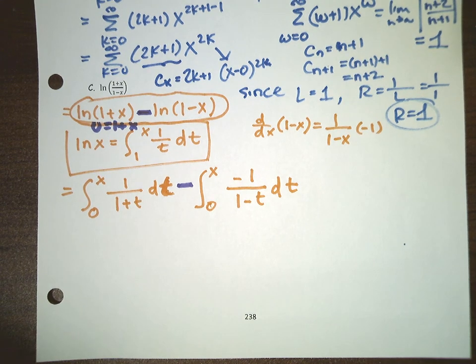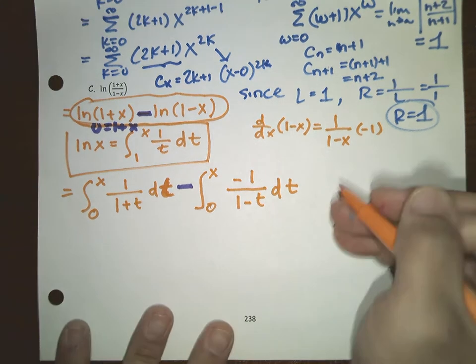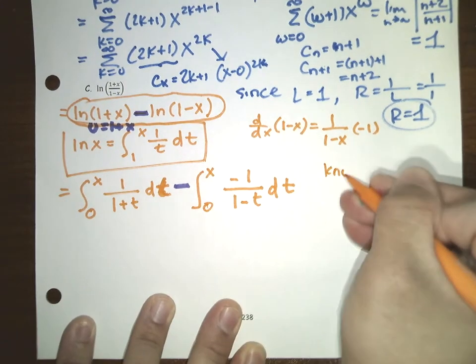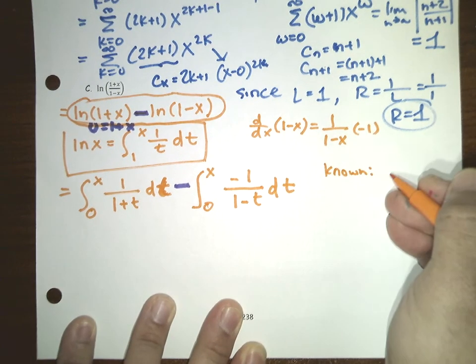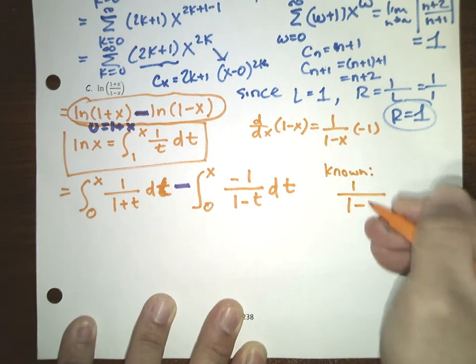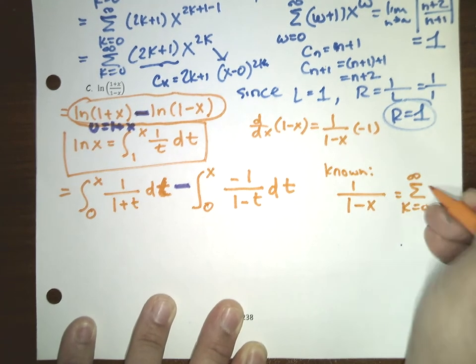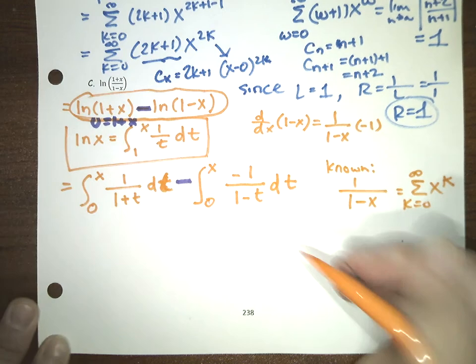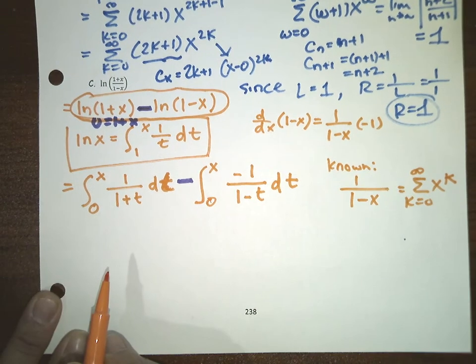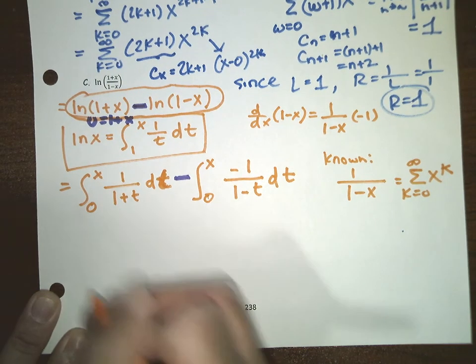All right, now we want to go ahead and try to write this in the known power series form. So remember, this is what we know. We know that 1 over 1 minus x is the sum, k equals 0 to infinity of x to the k power. So what I'm going to do is rewrite this.